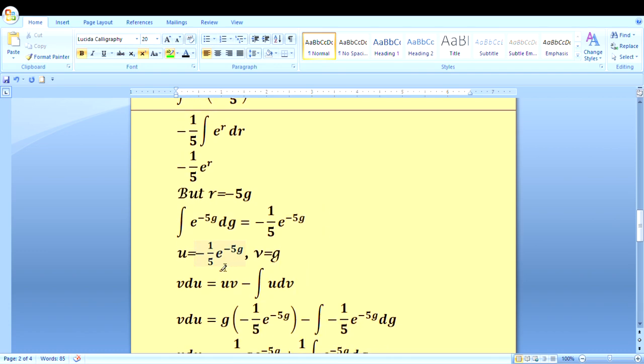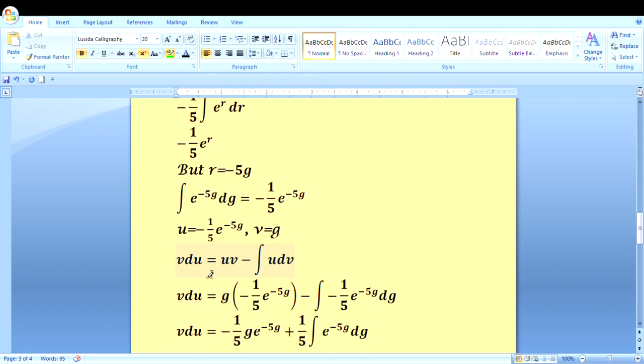Okay, that is u now. This is the integral of u. So u is minus 1 over 5 exponential minus 5g, and our v is equal to g, like we said earlier. So we substitute it in the formula on the right hand side.